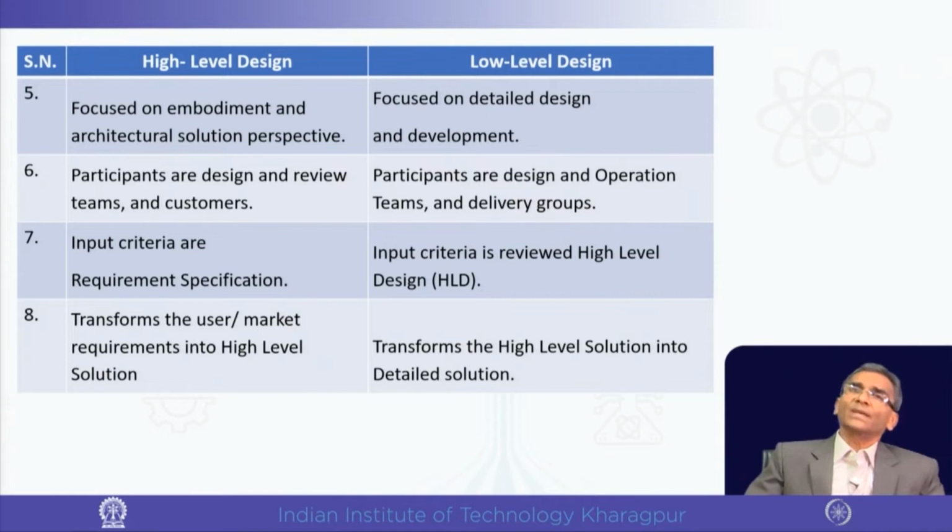Whereas for the low level, the team comprises design, operation and the delivery groups. All the persons involved in this, sometimes even quality, or procurement, supplies, logistics, packaging, all these would come in there.